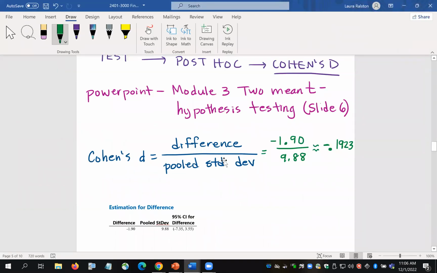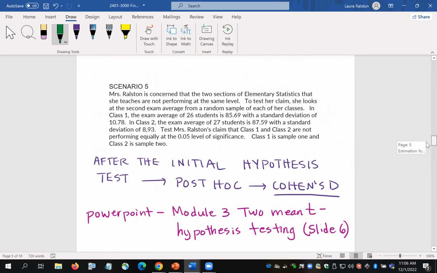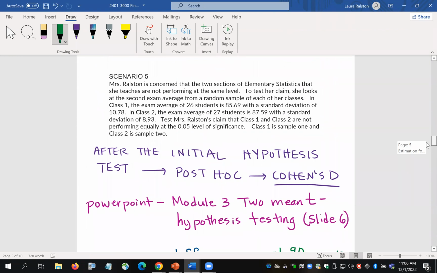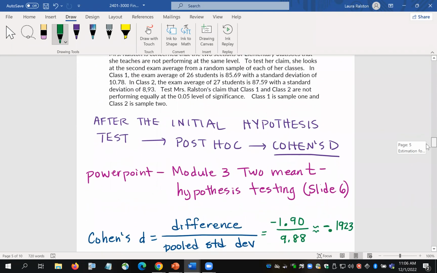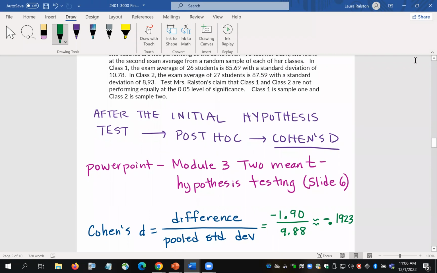Okay, so this would be a small effect. So I realized I had missed that on Tuesday when I was going back to look at the information about the final exam. So I wanted to make sure to cover that particular item this morning.